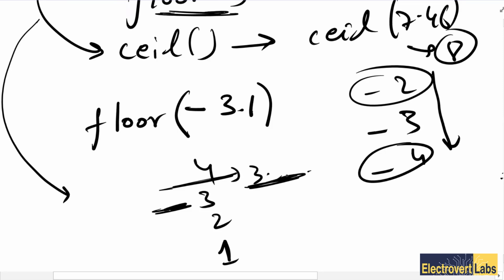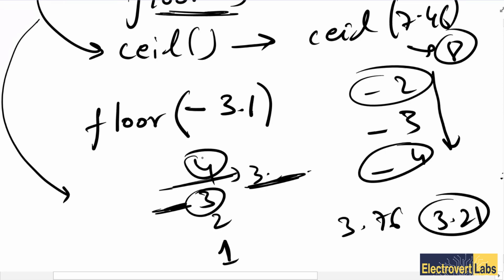Floor, just assume like your house floor. So the bottom of this number is 3, and the ceiling of this number is 4. So if I give you 3.76, 3.21, the ceiling will always be 4, and the floor of these decimals will always be 3.